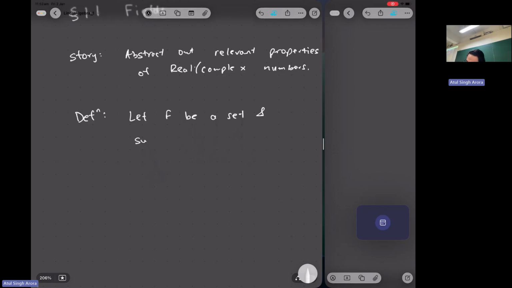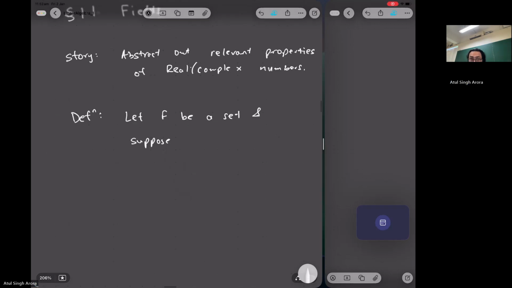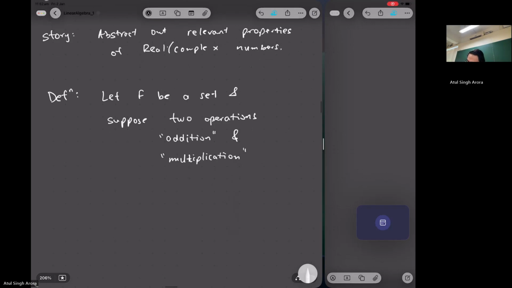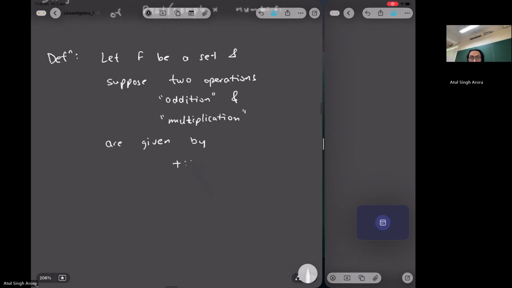And suppose two operations, which we'll call addition and multiplication, are given by the symbols plus and dot for multiplication.